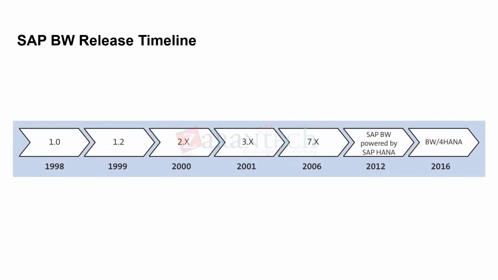It is very powerful compared to the previous versions. The effort to build the objects and maintain has been significantly reduced. So now you can very quickly build the same objects in BW with very less effort compared to the previous versions. So definitely it's a very good progress with regards to software.